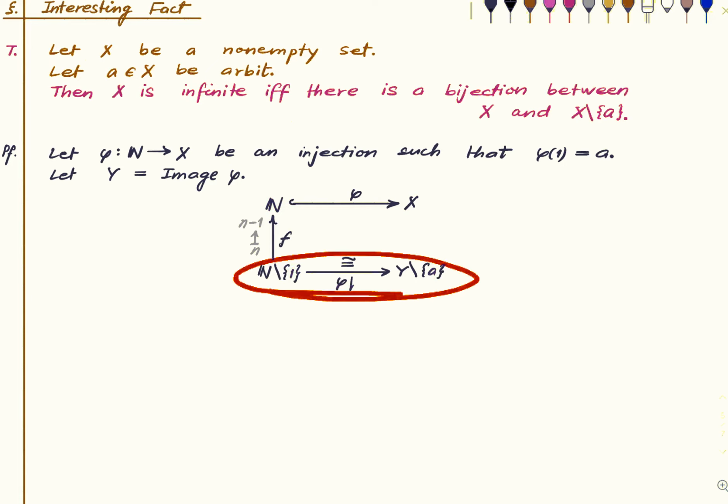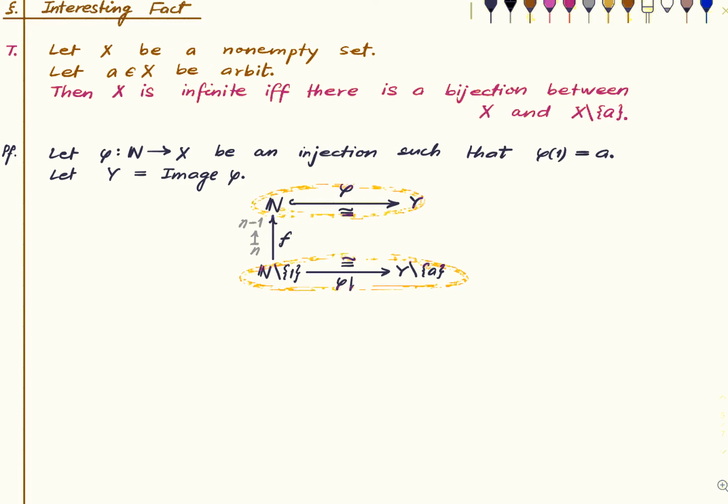And that we are denoting by the symbol for a bijection. Maybe I will write Y here so that everything is a bijection. Let me just write it as phi even though we are changing the target. This kind of thing shouldn't confuse you. So this is a bijection, this is a bijection, and this is a bijection. Everything is a bijection here.